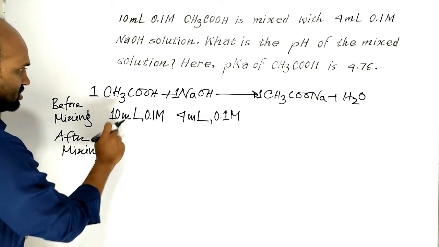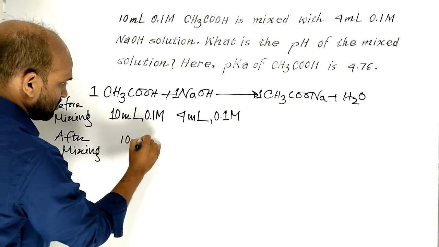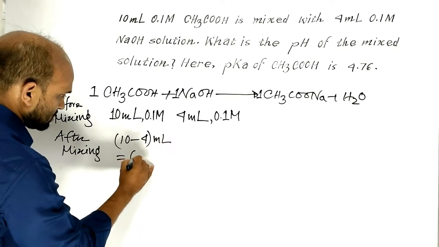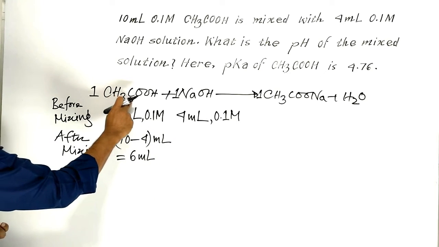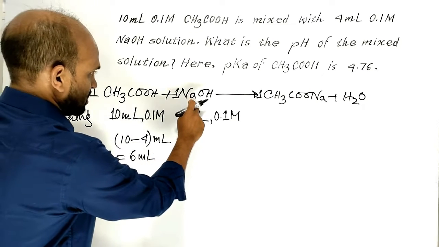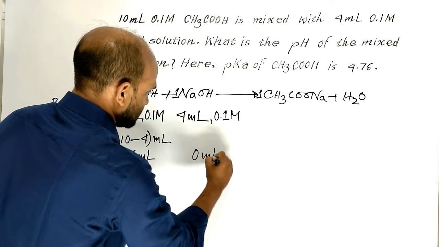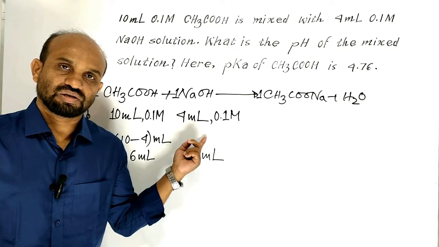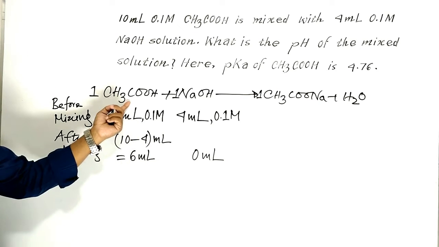So after mixing, the remaining acetic acid is 10 minus 4, that is 6 milliliter. After mixing, amount of acetic acid is 6 milliliter, and amount of sodium hydroxide is 0 milliliter, because 4 milliliter sodium hydroxide is neutralized by 4 milliliter acetic acid.